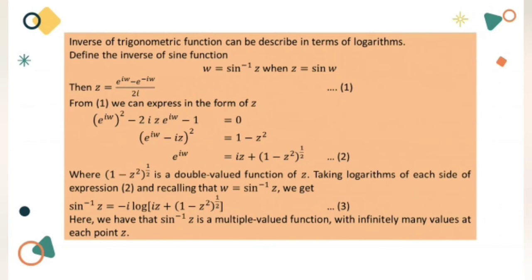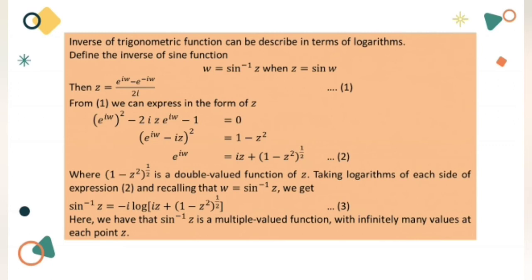From 1, we can express w in terms of z. We do cross multiplication, and for each side, we multiply with exponential iw. Then we get exponential iw squared minus 2iz exponential iw minus 1 equal to 0.